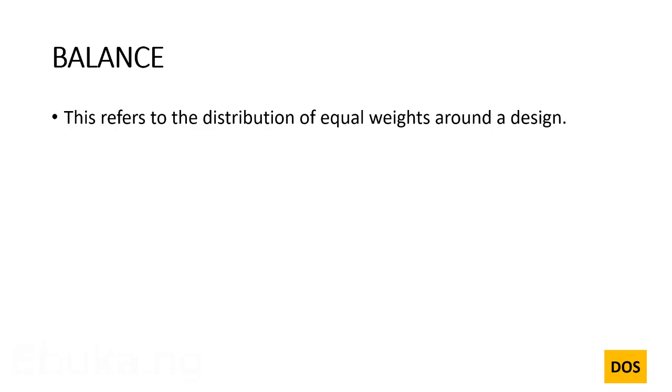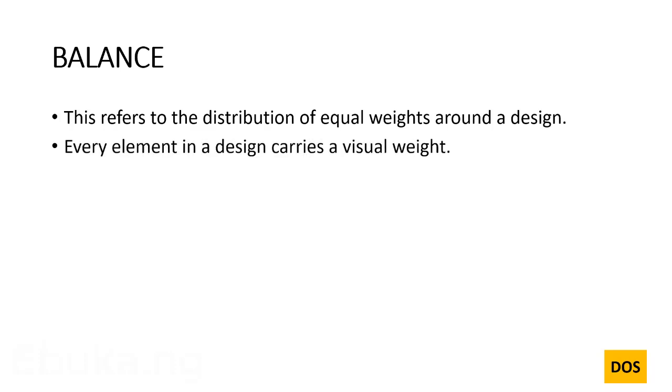Now, this could be a little more technical, but if you notice lots of designs, you get the hang of how balance works. Okay, good. So balance is the distribution of weights around a design. Every design element has a weight. Every element in design has a visual weight.